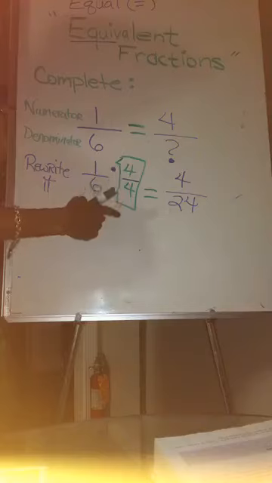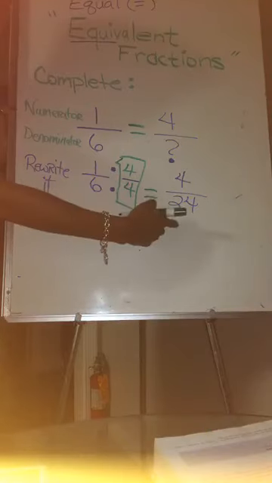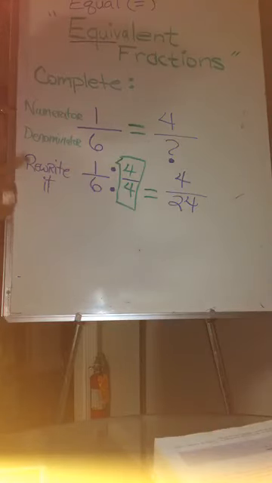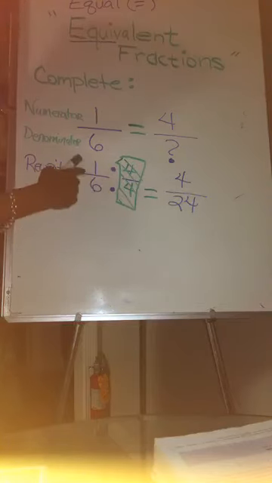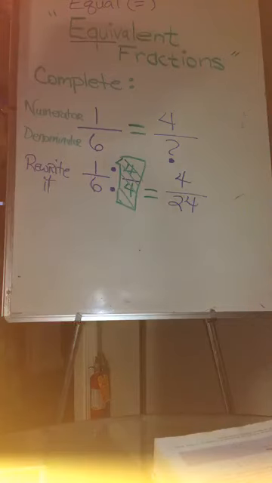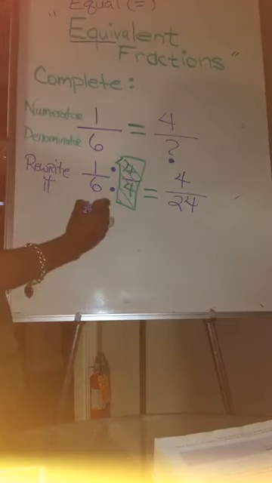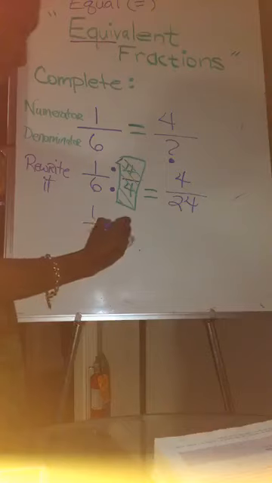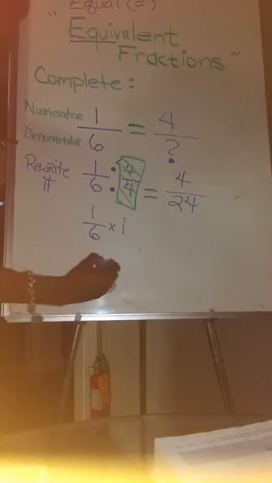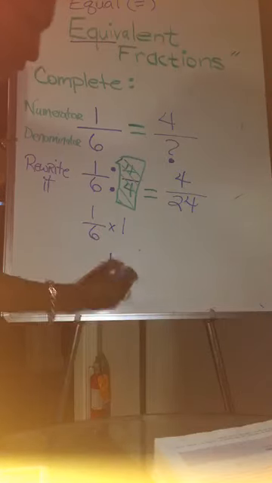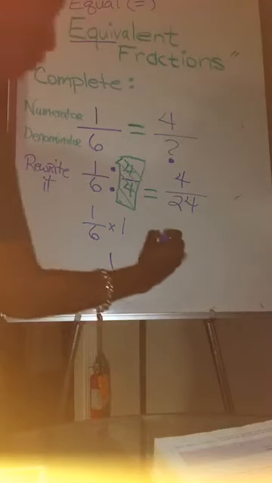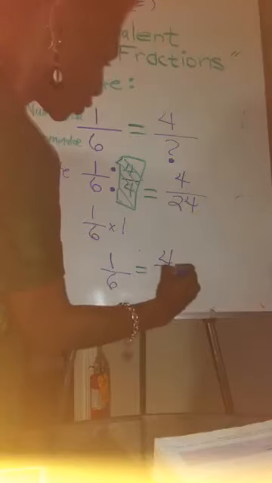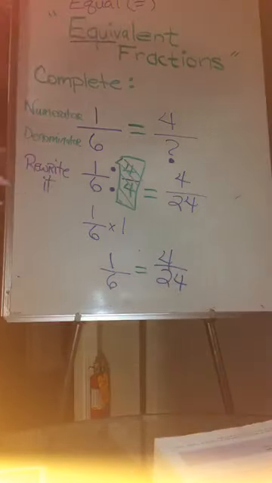So the number you use to make this equivalent has to divide out to equal 1. If I slash this out, 1/6 times 1 is still going to be 1/6. And that is equivalent to 4/24.